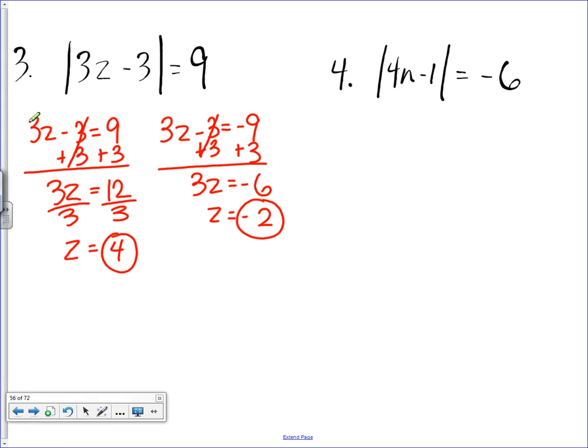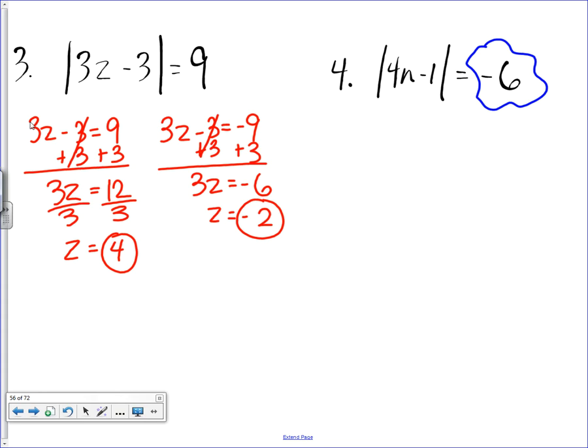Go ahead and take a look at number 4. Closely take a look at number 4. Because if you notice here, I have the absolute value of 4n minus 1 is equal to negative 6. Now, I hope that's a little bit alarming to you because I have the absolute value of something is equal to negative 6. So that is saying the distance away from 0 of something is equal to negative 6.